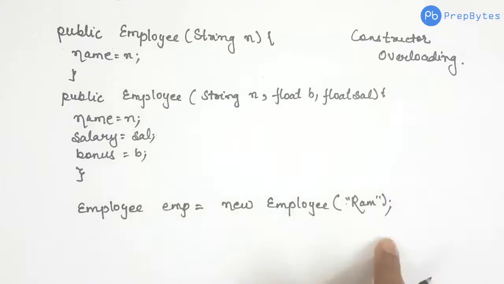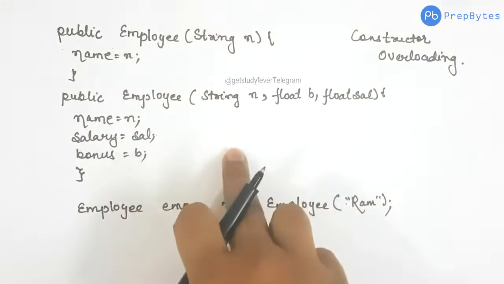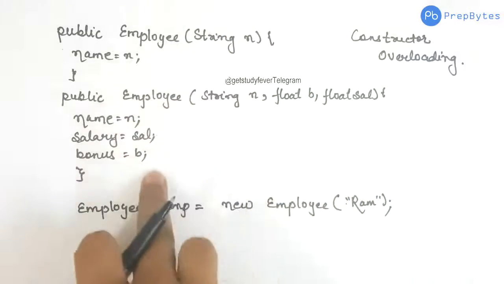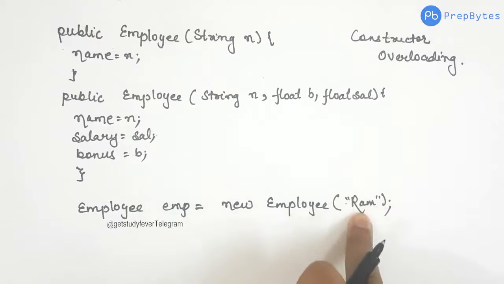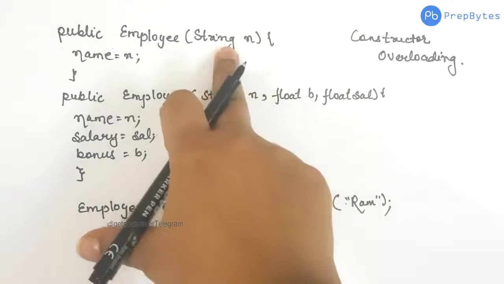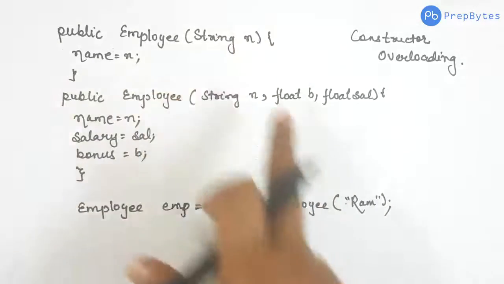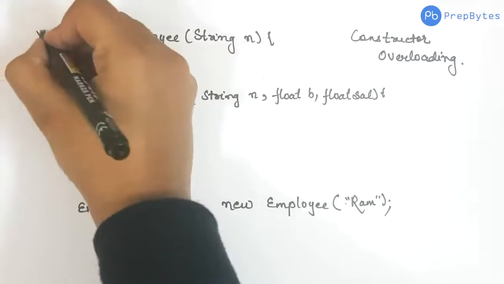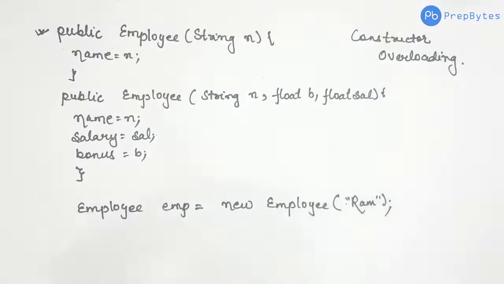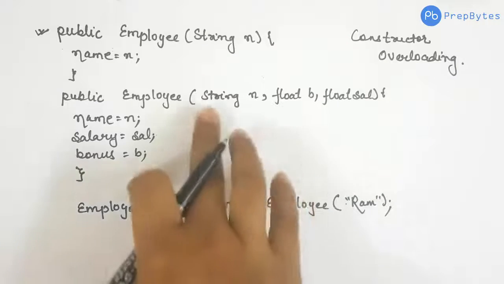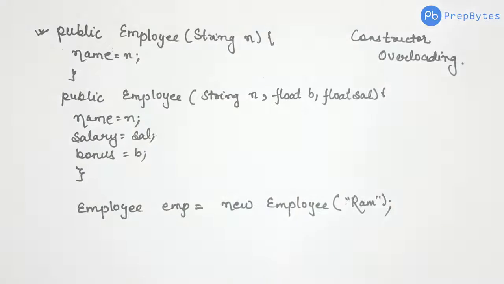So the Java compiler searches for the constructor that has just one parameter, and the data type is the same as this particular parameter. It sees that this is a string and this is a single parameter, so this particular constructor gets called. This other constructor does not get called at that moment.